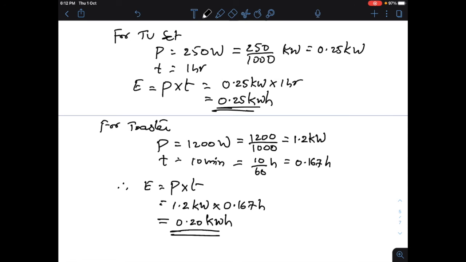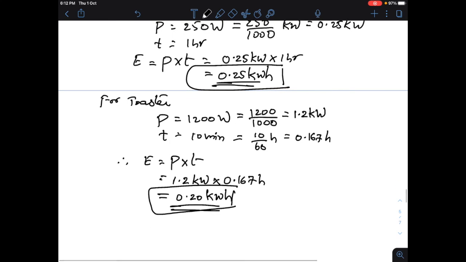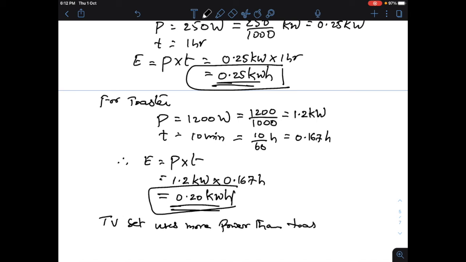Now, when you look at these two values, 0.25 kilowatt hour and 0.20 kilowatt hour, obviously we can say that the TV set uses more energy than the toaster, because 0.25 is greater than 0.2.